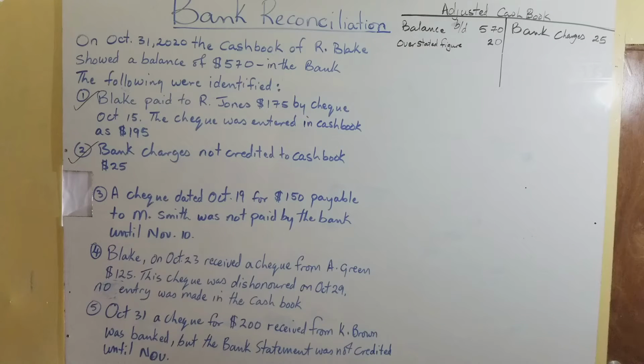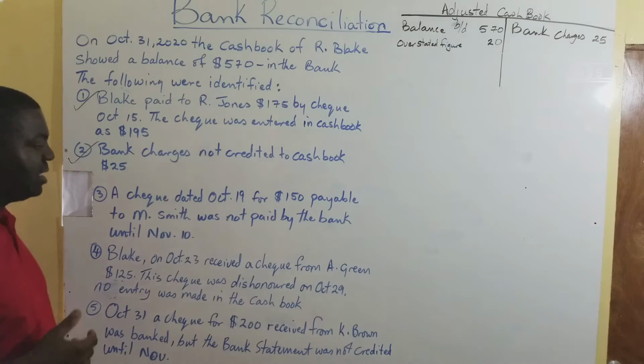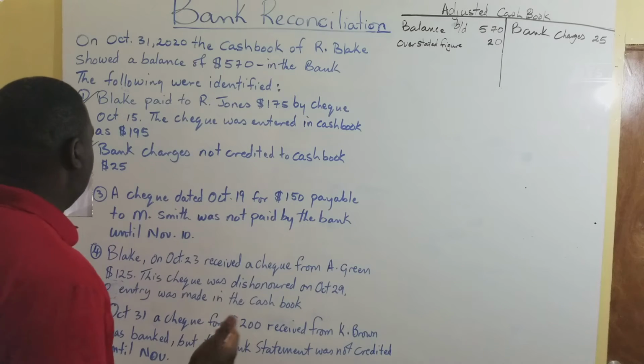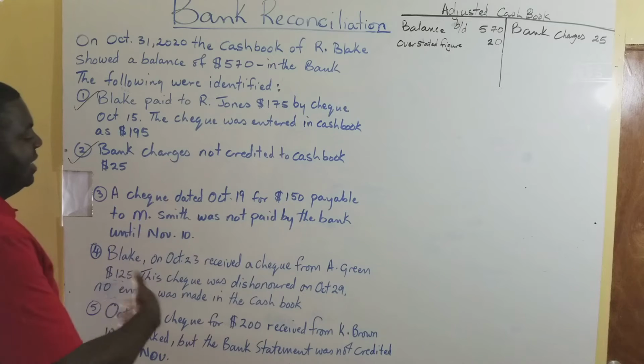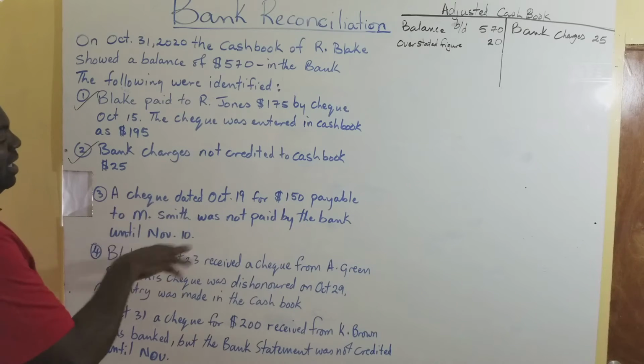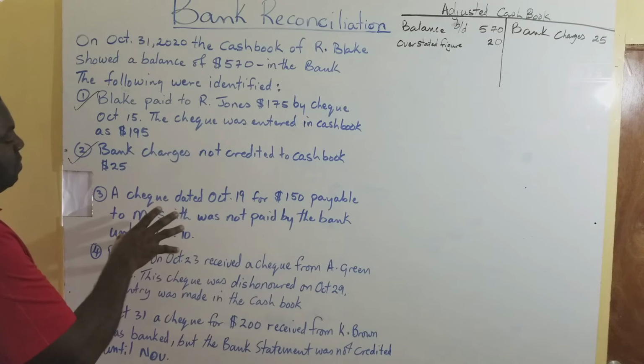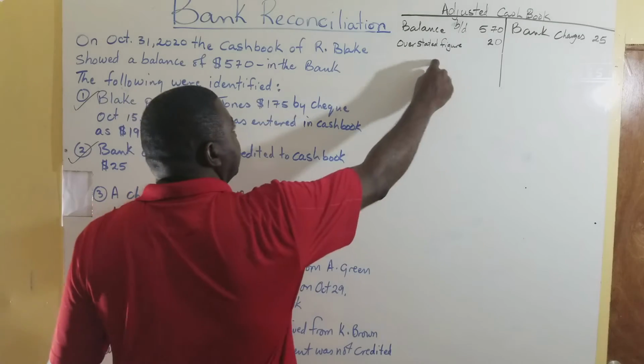The third one says a check dated October 19 for $150 payable to M. Smith was not paid by the bank until November 10. All right. Now this was already dealt with in the cash book, so there's no need to put this in the cash book now.